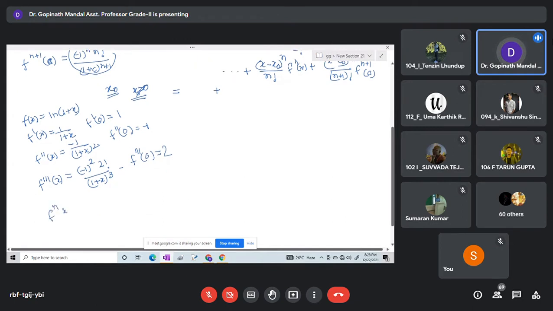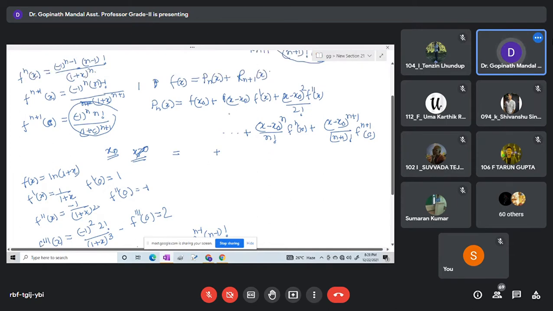Similarly fn x, this will be minus 1 to the power n minus 1 factorial by 1 plus x to the power n. So fn 0, it will be minus 1 to the power n minus 1 into n minus 1 factorial, right?